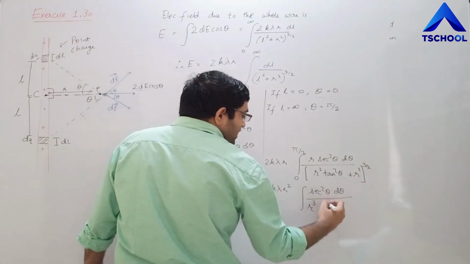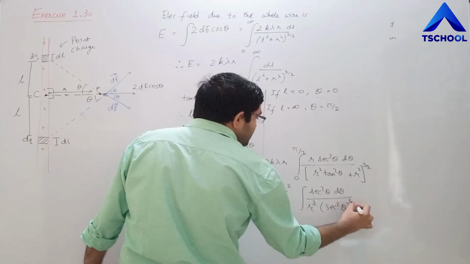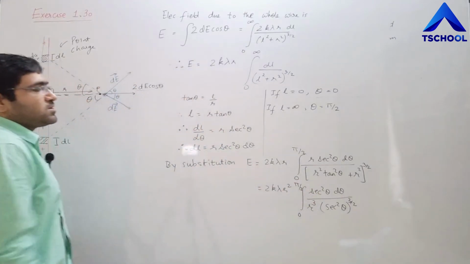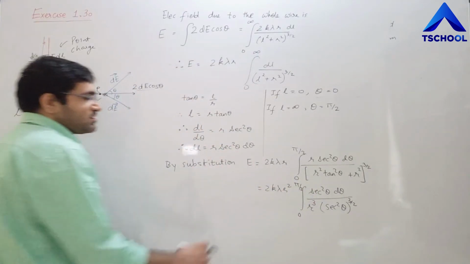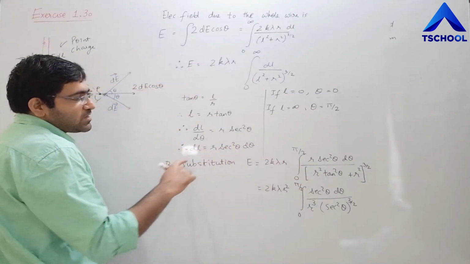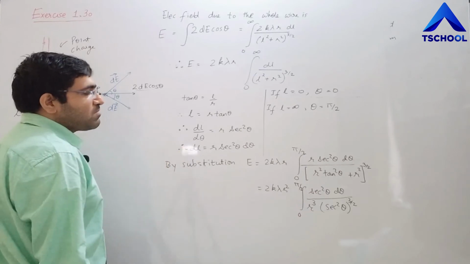So sec square theta and raised to 3 by 2 from 0 to pi by 2. Alright, so I'll get 2k lambda r square integration 0 to pi by 2 of sec square theta d theta upon r cube sec square theta raised to 3 by 2.